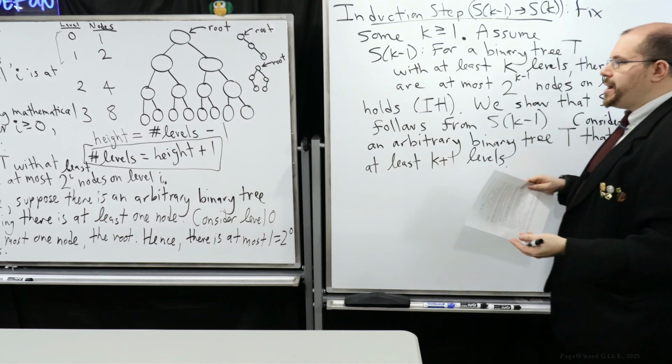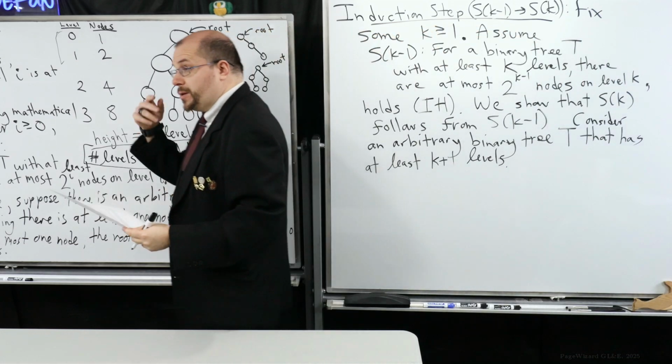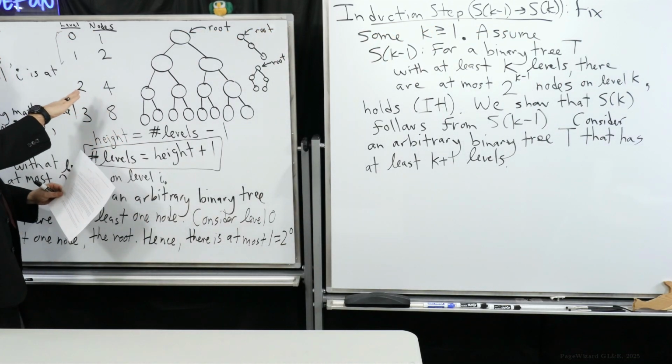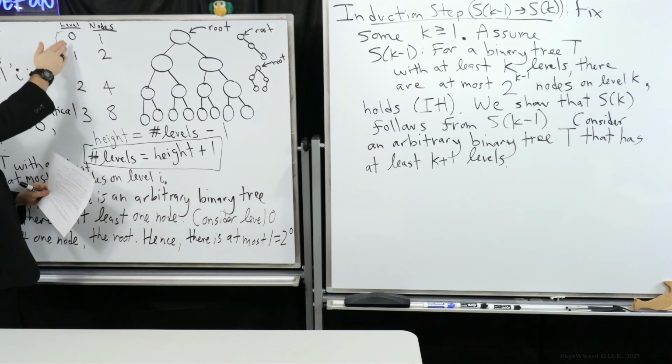So what can we say if there's at least k plus 1 levels? Well, let's look back at our picture of this particular tree, but what really matters is the levels, okay?